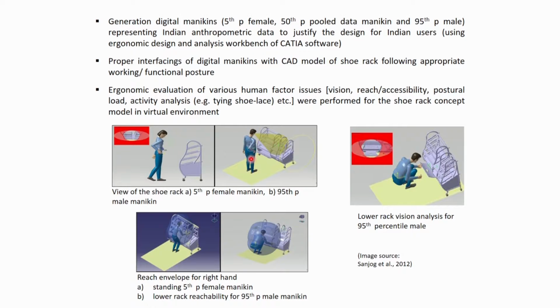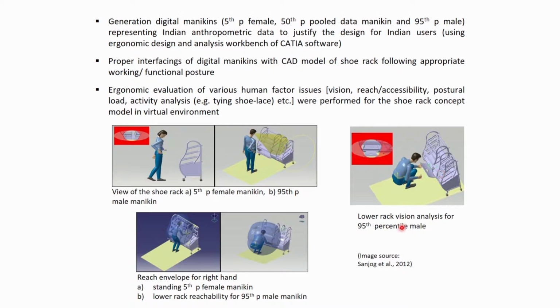Similarly, while the 95th percentile male is standing in front of the shoe rack with the 30-degree view cone, he can see most of the shoes, and with a little neck movement, he will be able to visualize all the shoes.